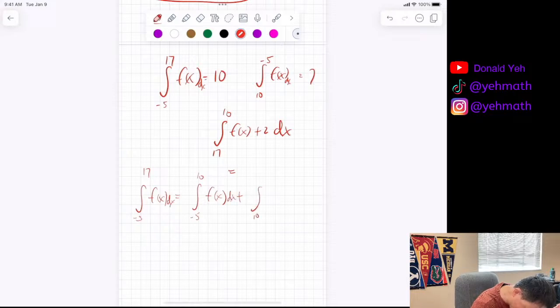And then from 10 to 17 of f of x, that seems like what we're looking for because they have 17 to 10. So therefore, this is 10. Does that make sense? And this is a negative 7 because the orientation's off. And a plus the integral from 10 to 17. So that means the integral from 10 to 17 is equal to 17.